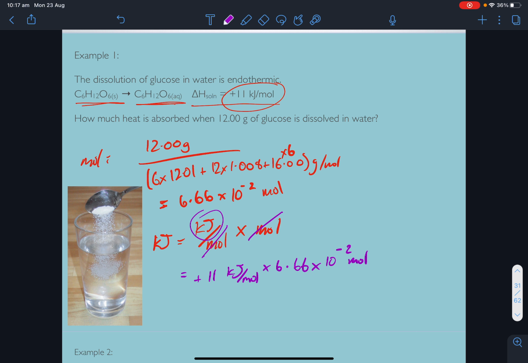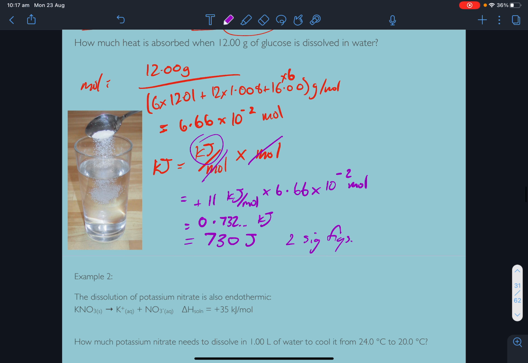Multiplying by 11, I get 0.732 kilojoules. I could leave it there, but with two significant figures from the 11 kilojoules, I'll call that 730 joules to 2 sig figs. And I'll put a positive in front. That makes me happy: positive, endothermic.